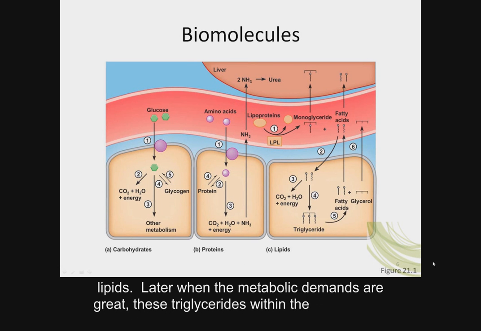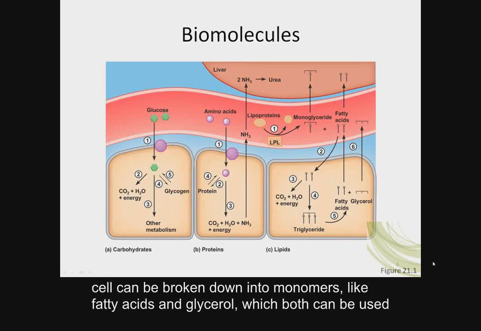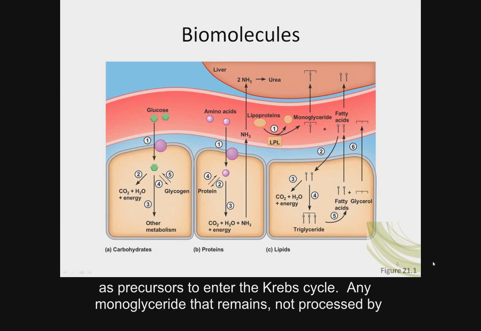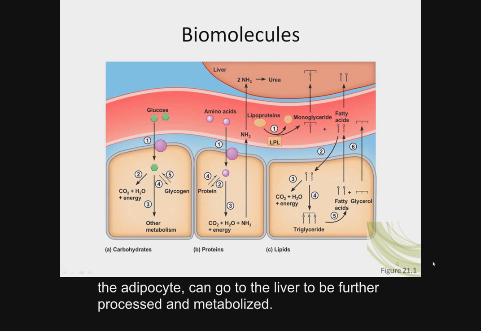Later, when the metabolic demands are great, these triglycerides within the cell can be broken down into monomers like fatty acids and glycerol, which both can be used as precursors to enter the Krebs cycle. Any monoglyceride that remains not processed by the adipocyte can go to the liver to be further processed and metabolized.